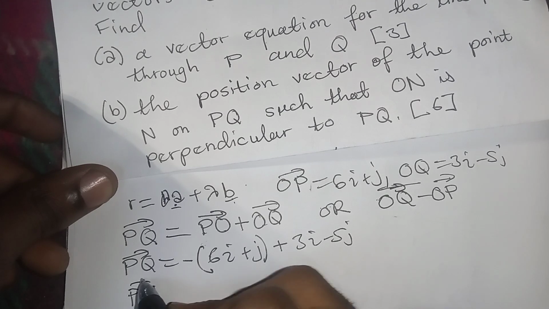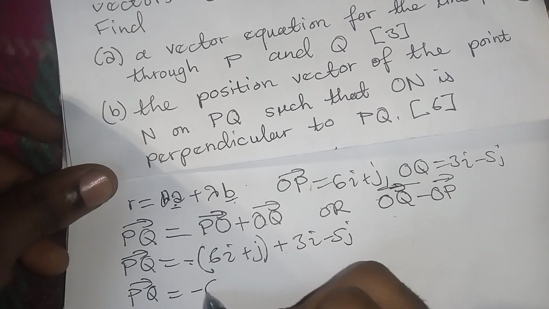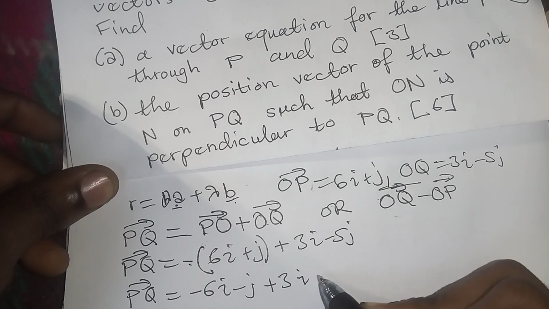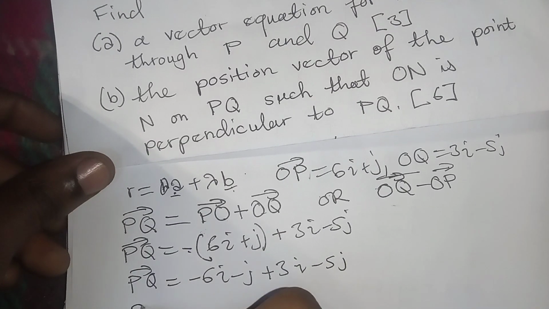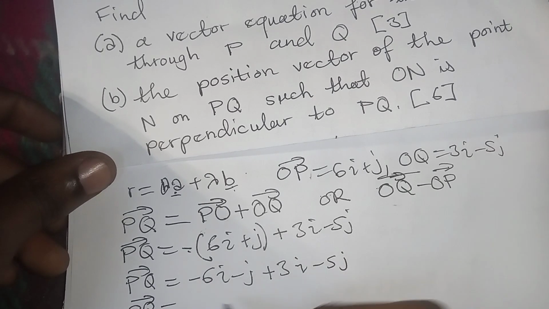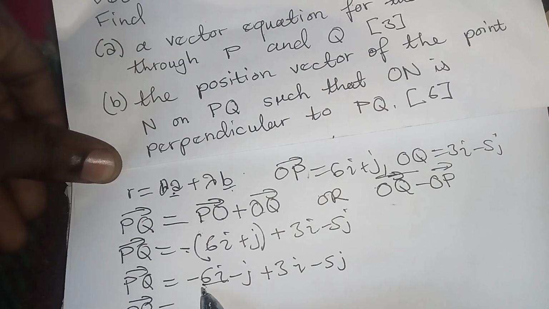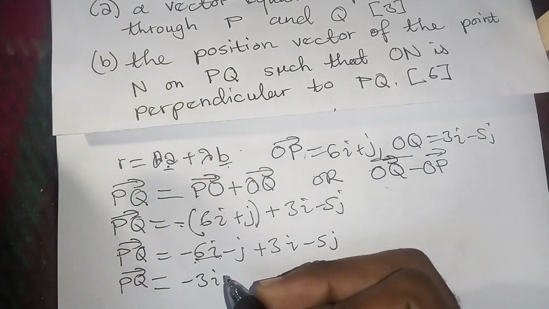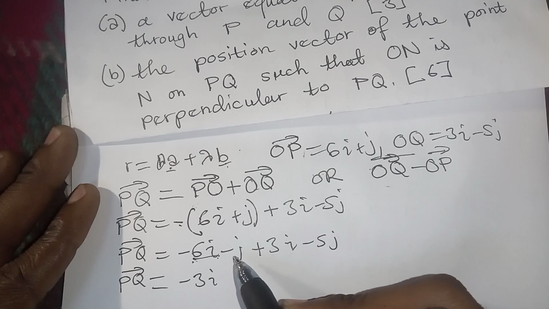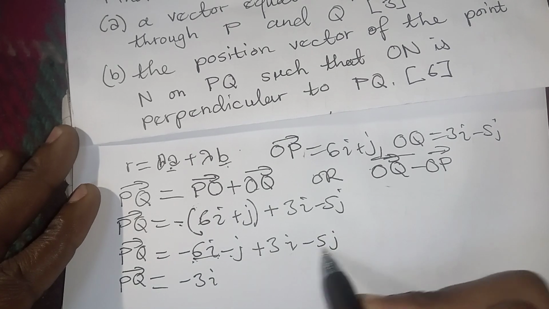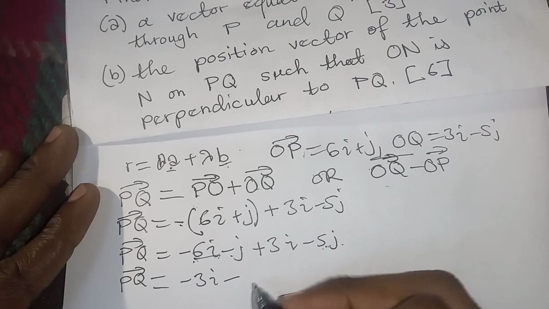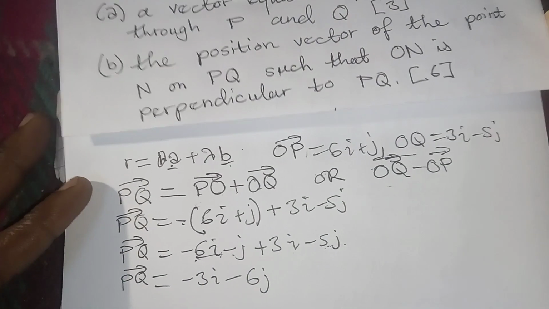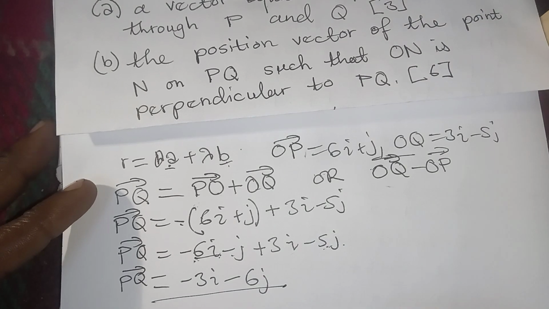So now when you simplify this, you have minus 6i minus j plus 3i minus 5j. Then like terms together, negative 6i plus 3i, we have minus 3i, and then negative j minus 5j, we have minus 6j. So this is our direction vector.